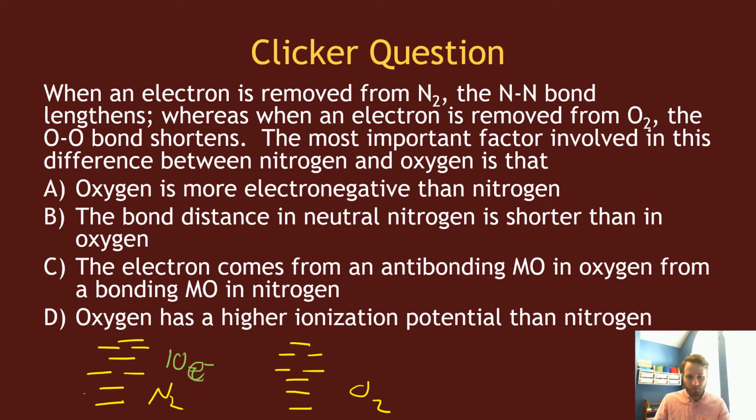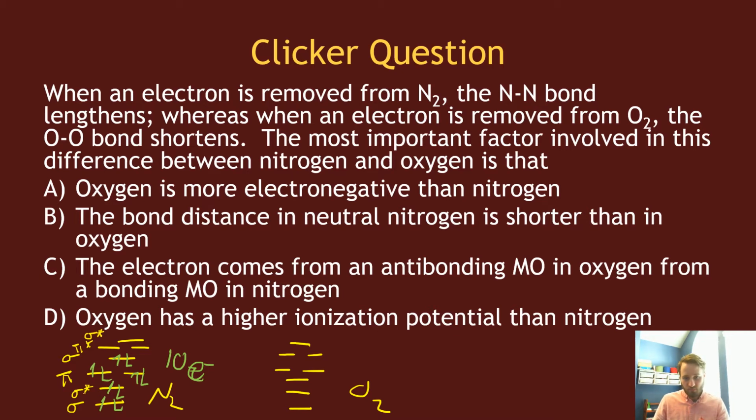So I have 1, 2, 3, 4, 5, 6, 7, 8, 9, 10. These are the electrons I'm occupying. Note this is sigma, sigma star, pi, sigma, pi star, sigma star.